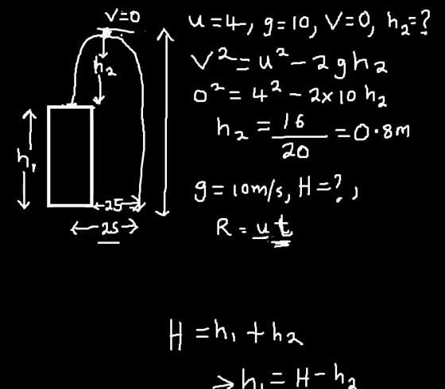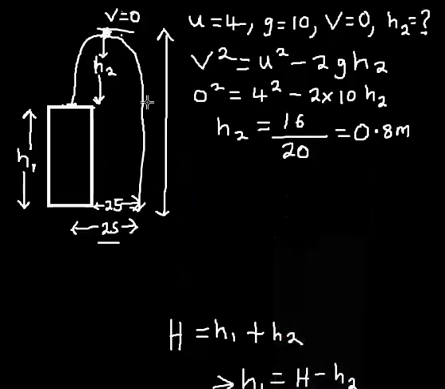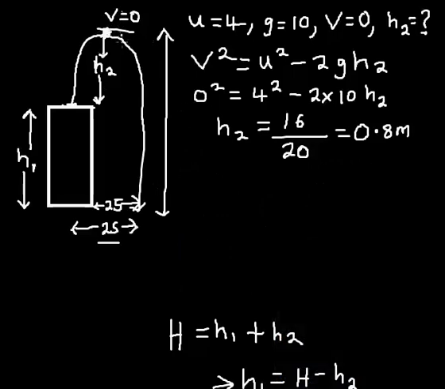So I have to find the initial velocity. How do I get that initial velocity? Let's see how we get the initial velocity. Already the final velocity here is 0. Using v is equal to u plus gt, because I'm looking at it coming down.